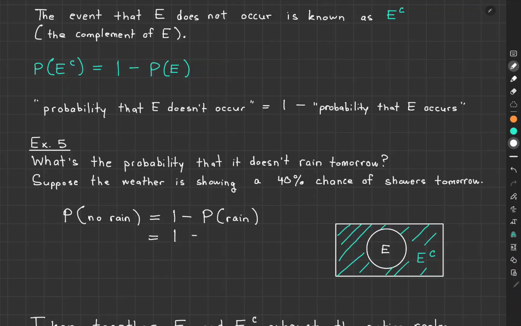And we know that the probability of it raining is 40%. So we're going to do 1 minus 0.40, and you get 0.60, or 60%.